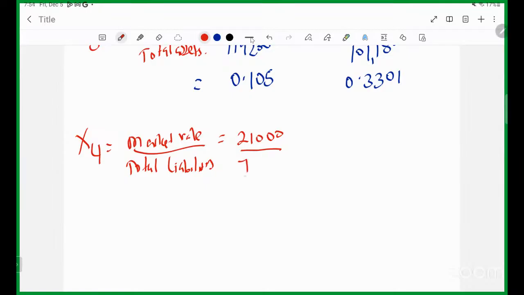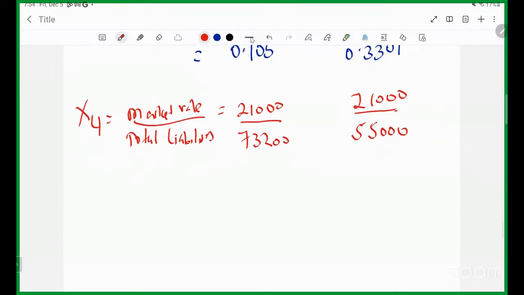What about 2022? This is 21 over the total liabilities in 2022, which is 55.